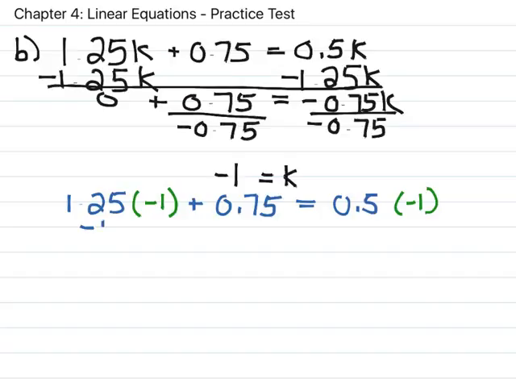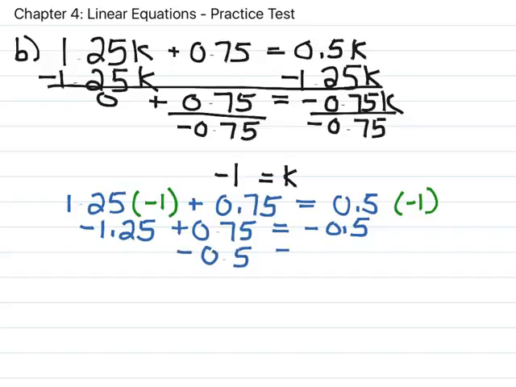This gives negative 1.25 plus 0.75 is equal to negative 0.5. Negative 1.25 plus 0.75 gives you negative 0.5, which equals negative 0.5. It is correct.